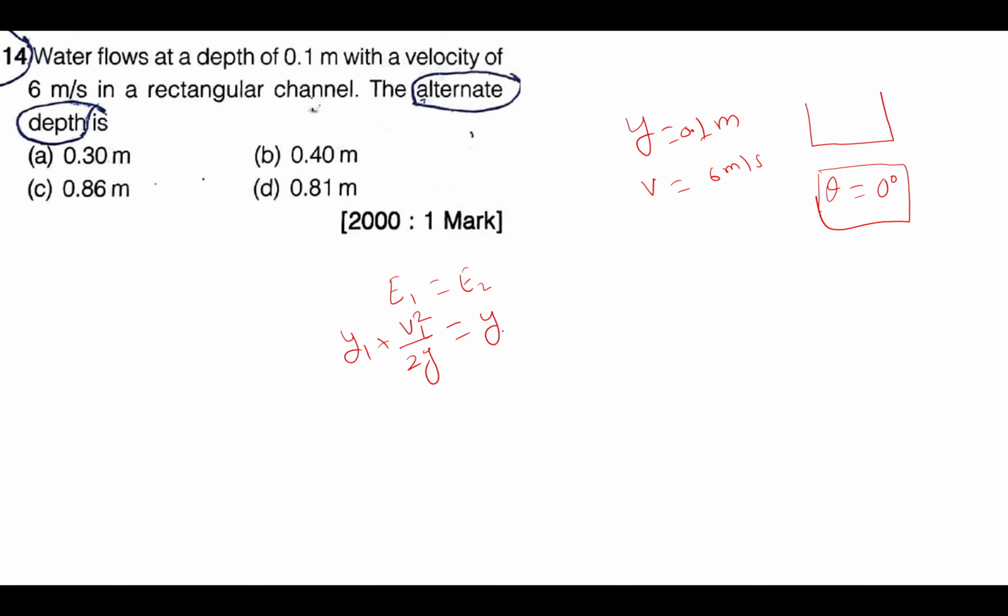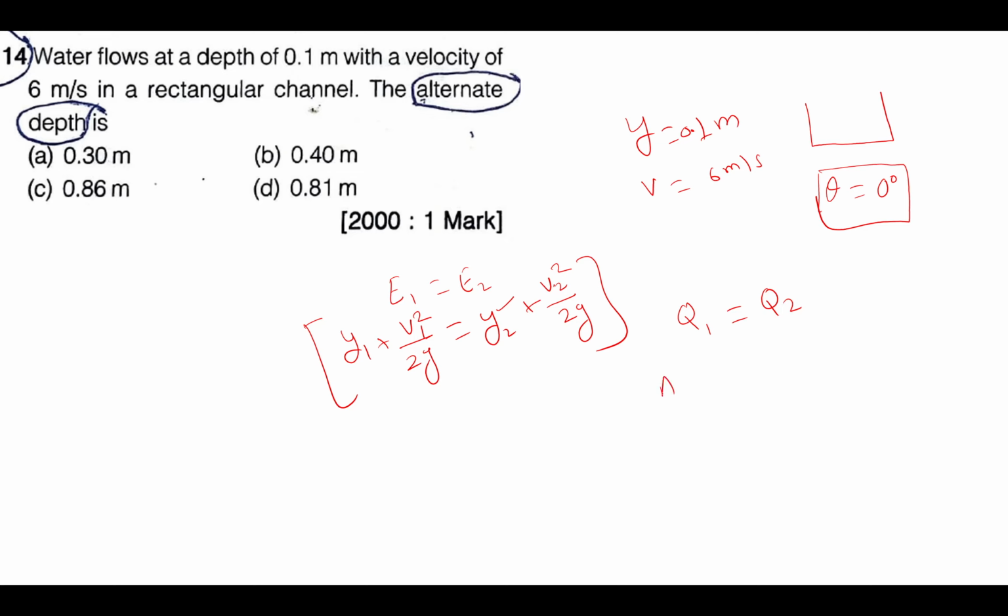So what you will do here, you need to calculate the Y2 value. You can calculate it very easily, but here there are two unknowns, Y2 and V2. So how will you incorporate that? Q1 is equal to Q2, you already know, due to conservation of mass.